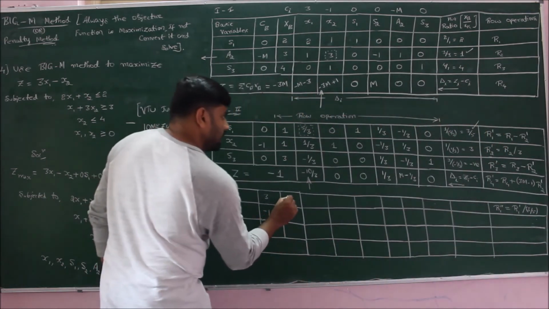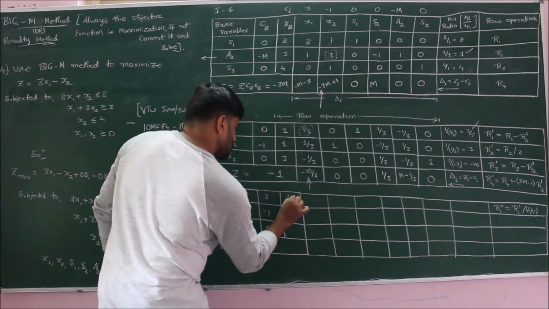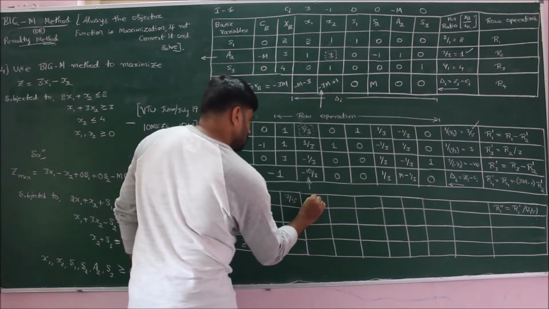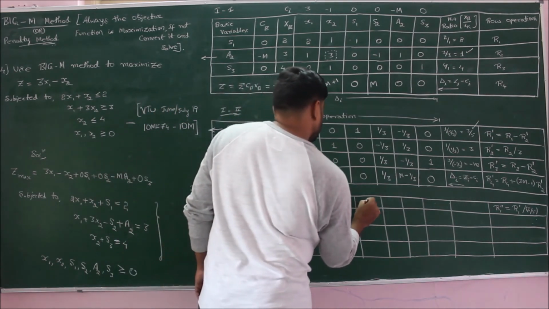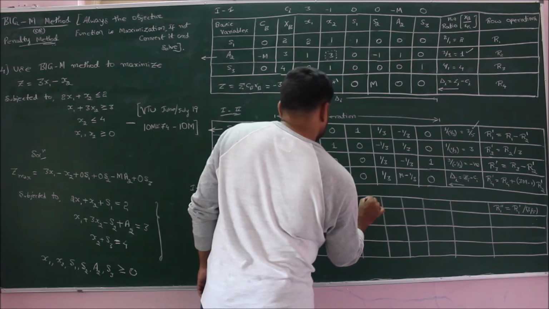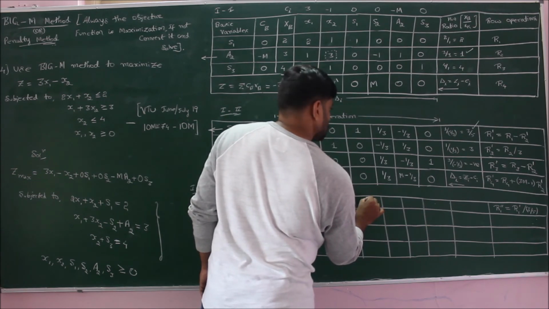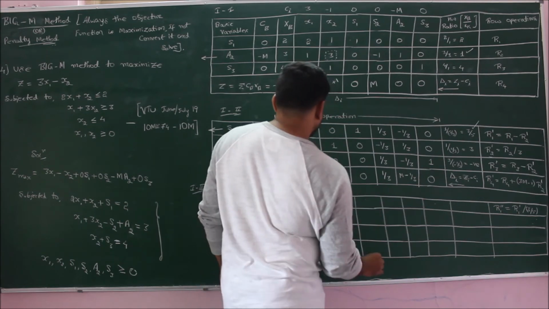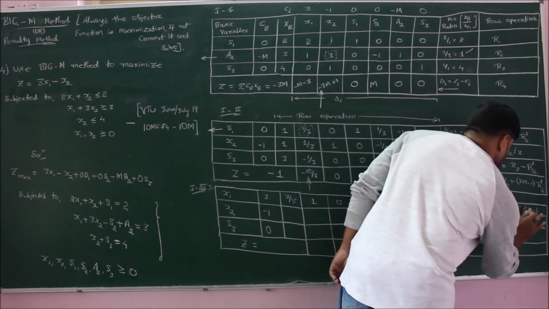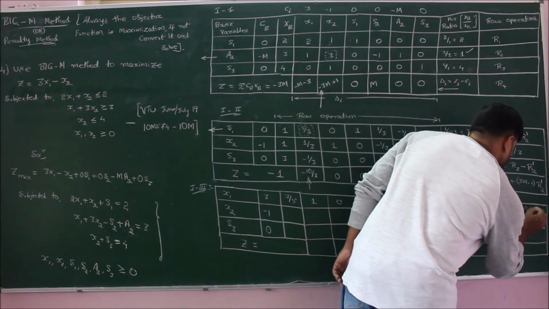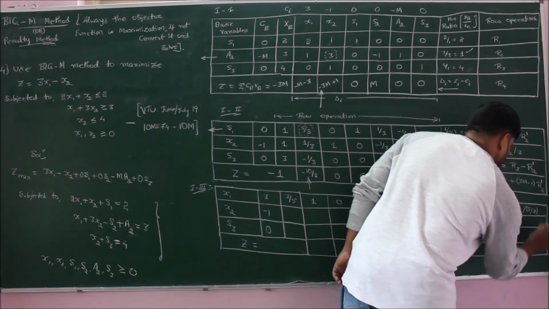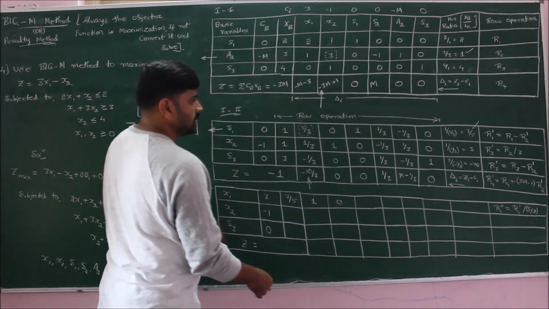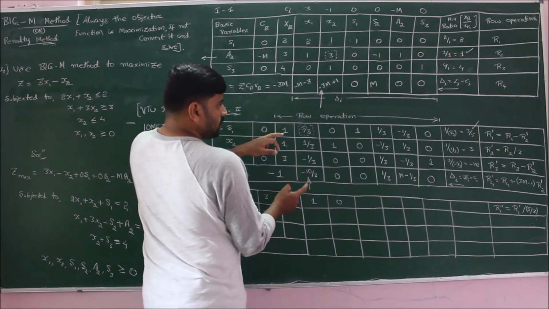So if I do that, I'll get 3 by 5, 1 which is what I required, 0. 5 by 3 and 5 by 3 will get cancelled. 1 by 5 by 3 will become 3 by 5.